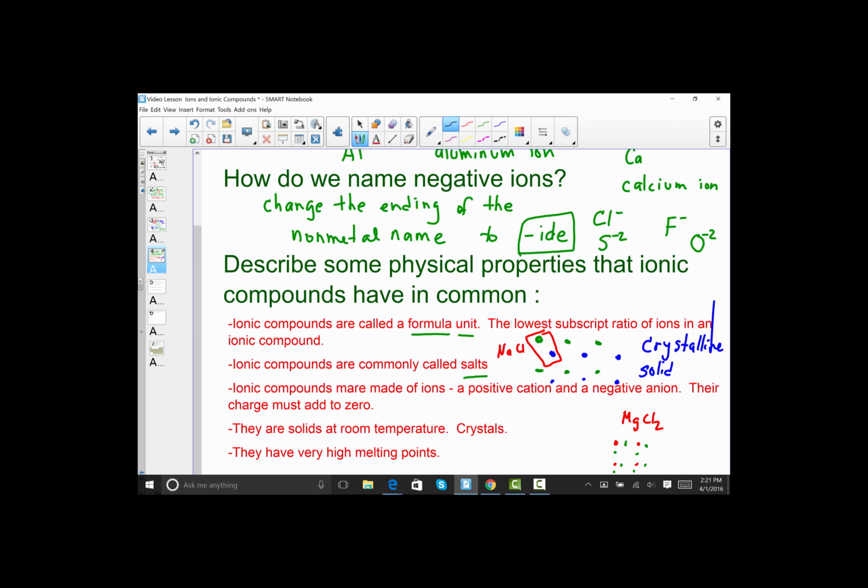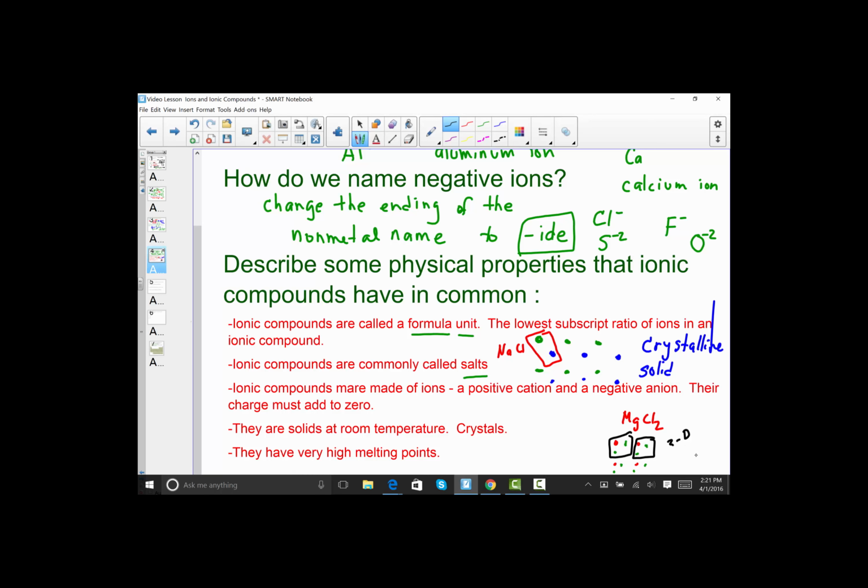And so here our formula unit, the lowest ratio possible, 1 magnesium to 2 chlorine. They're just a very large 3-dimensional crystal with this repeating pattern creating that formula unit.